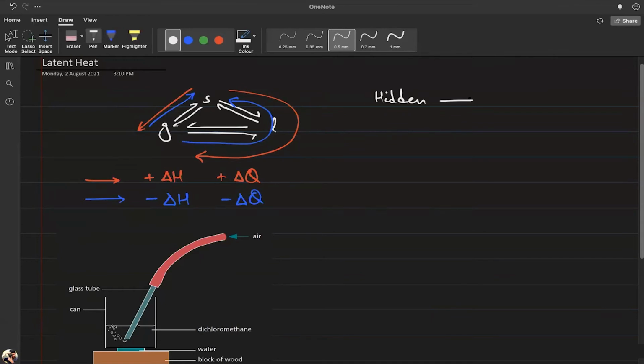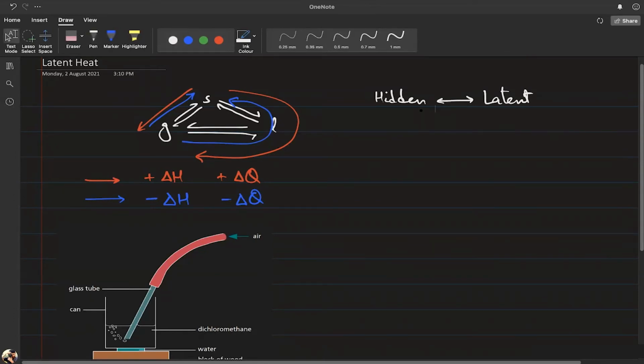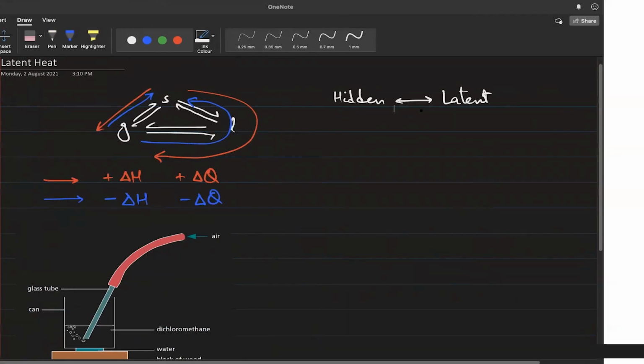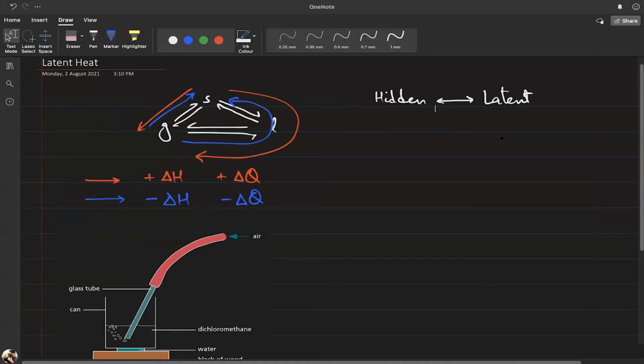And another word for hidden is latent. So whenever a state changes, the energy that is taken in or given out, we cannot measure it using a thermometer. And the reason is really simple. When that happens, the kinetic energy of the molecules or particles is not changed.